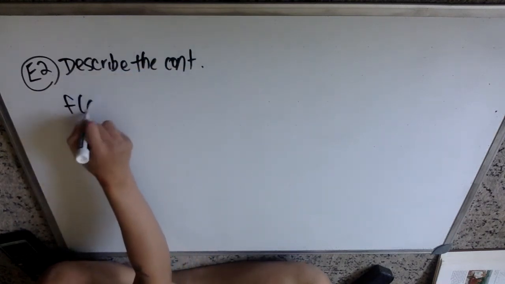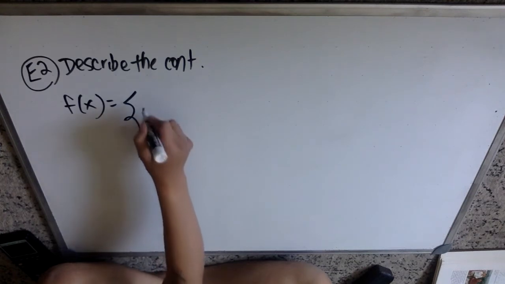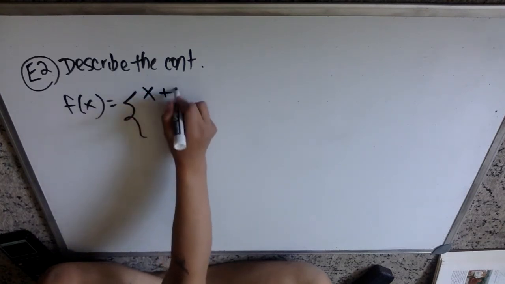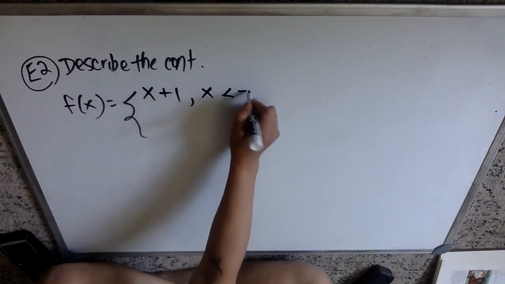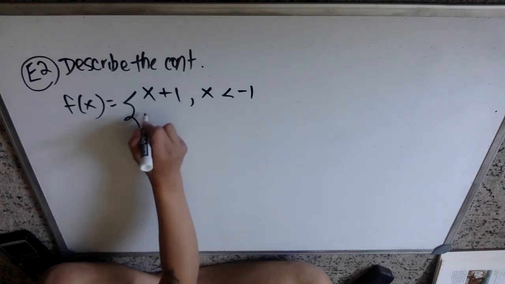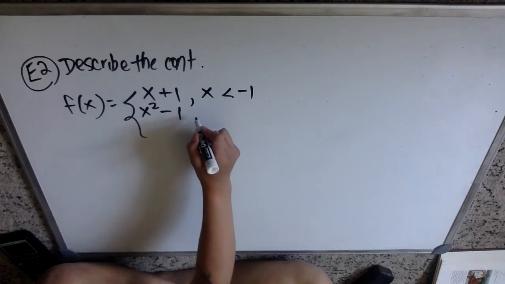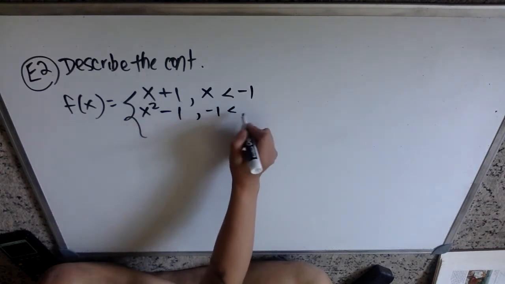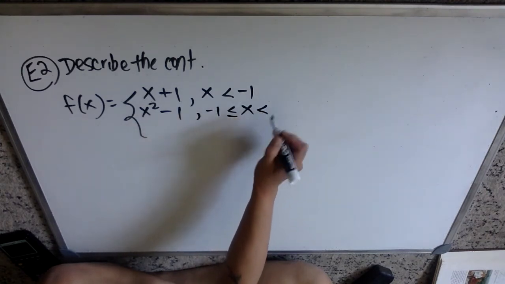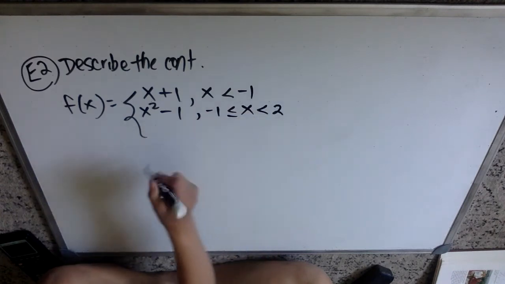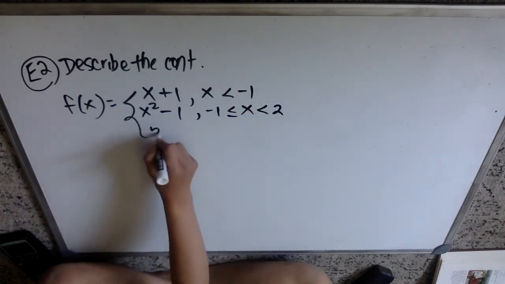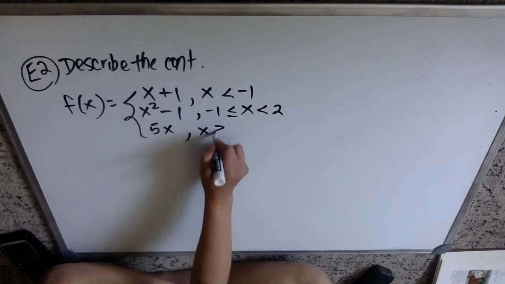So I'm going to give you f of x equals x plus 1 for x values less than negative 1, and x squared minus 1 for x values from negative 1 to 2, and 5x for x values greater than or equal to 2.